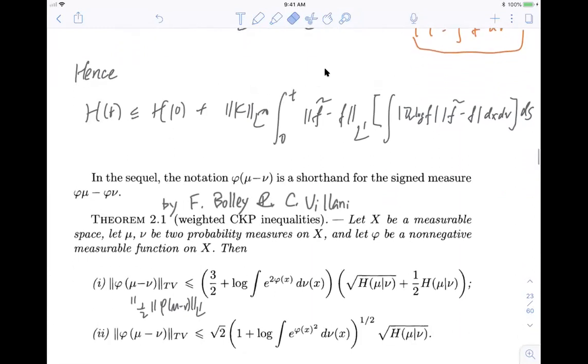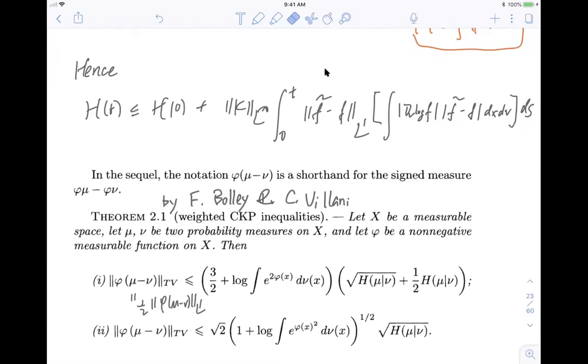Okay. So in the end, we want to get an estimate, a control on HT. We expect there will be terms involving H from this part.